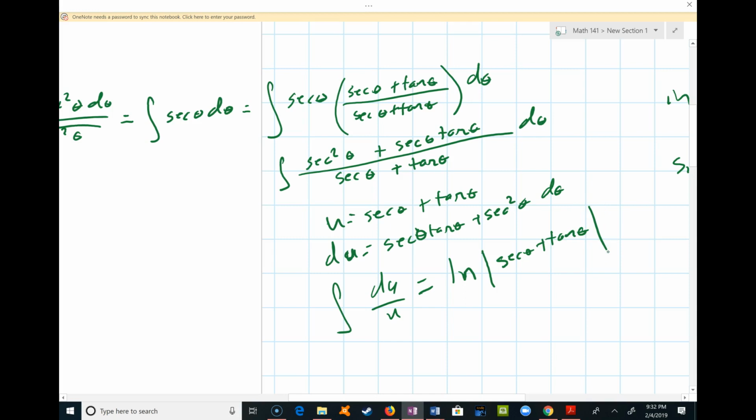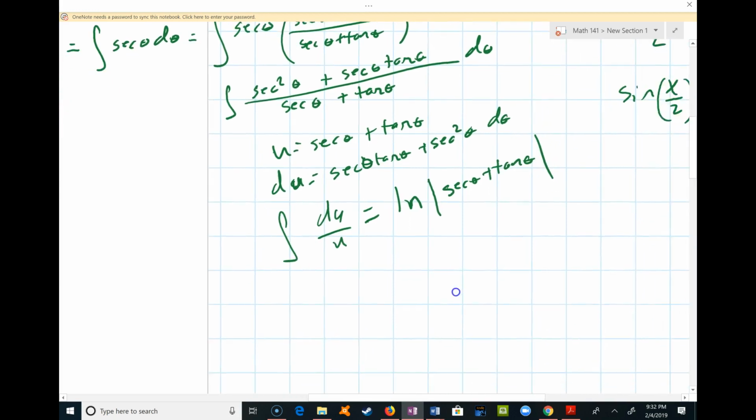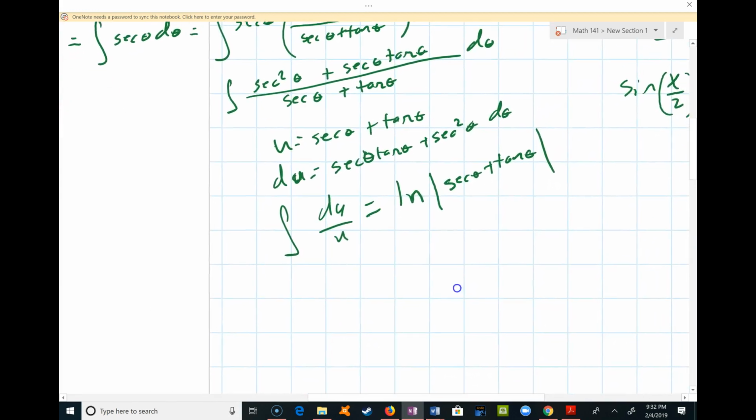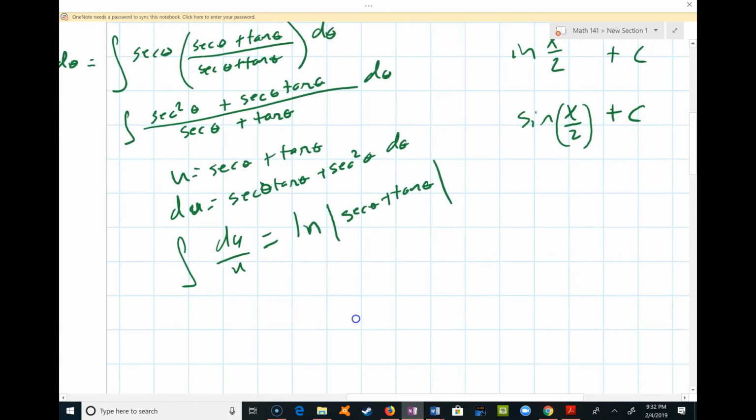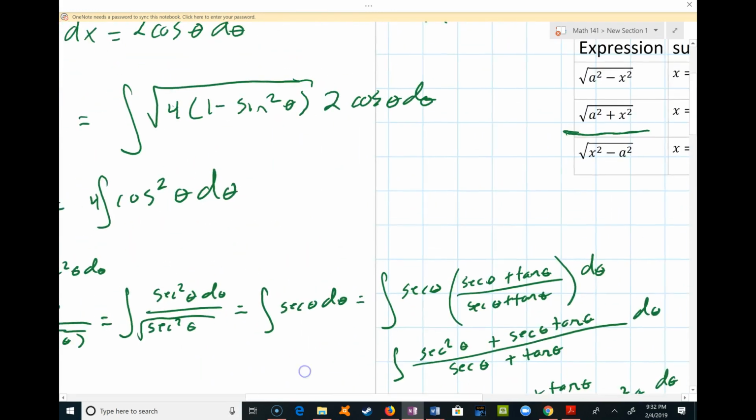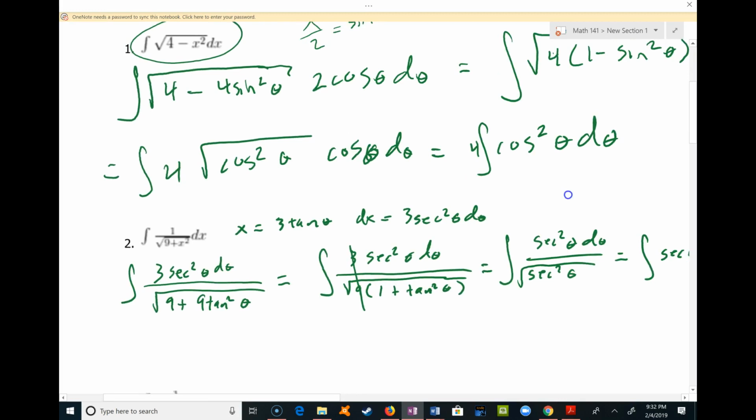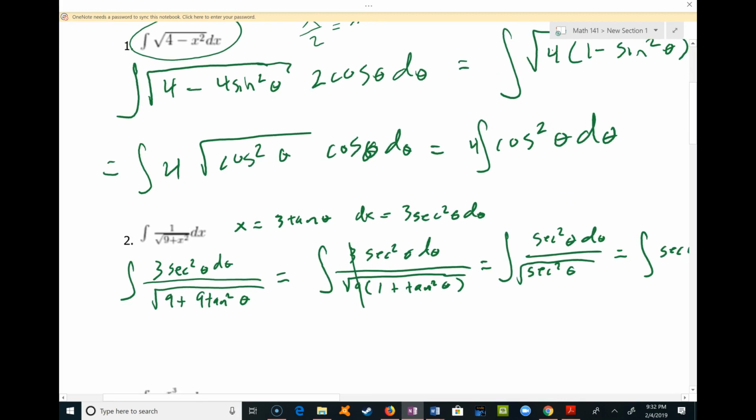All right, so that is my integral, but once again we've got to change it back to x's, so we're going to go back up here and look at our original substitution. We find out that x over 3 is equal to tangent theta.